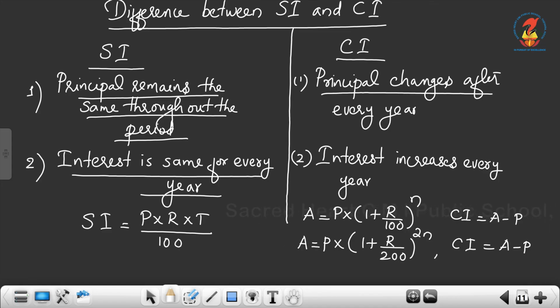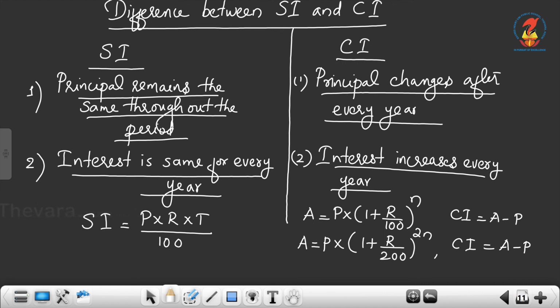And in the case of compound interest, principal changes after every year. So, there is a change in the principal in the case of compound interest, and interest increases every year. There is an increase in the amount of the interest because the principal changes, therefore, the interest also changes.